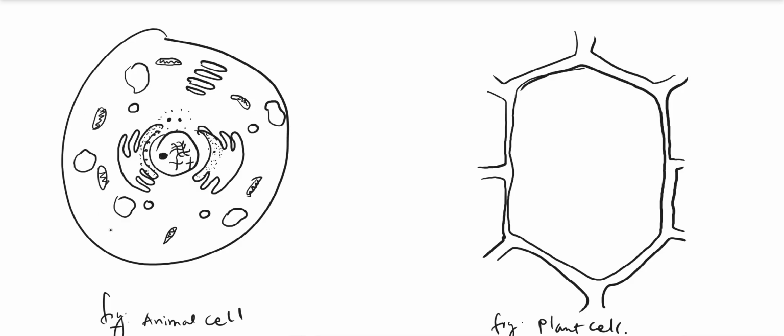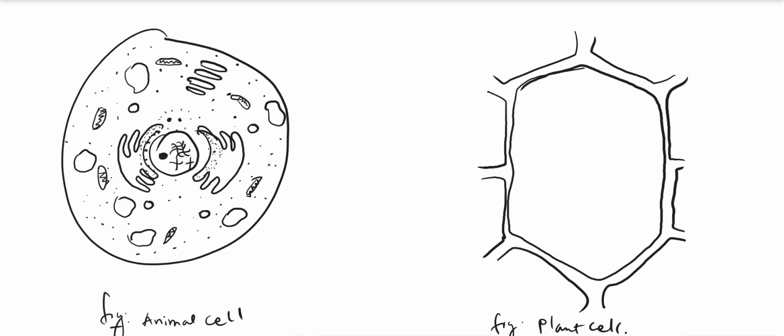These are the food vacuoles. Now there is cytoplasm. This is the diagram of animal cell.